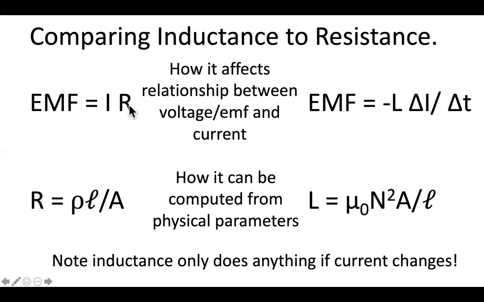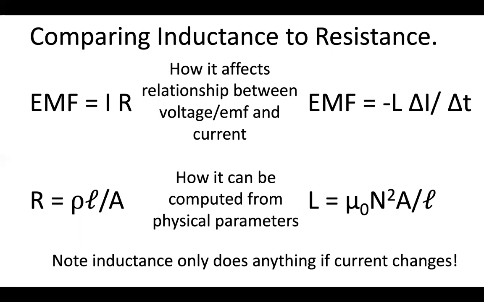But you can also calculate it based on properties of the materials themselves. Remember, resistance is resistivity times length divided by area. For solenoids, the inductance is proportional to the square of the number of loops times the area divided by the length.